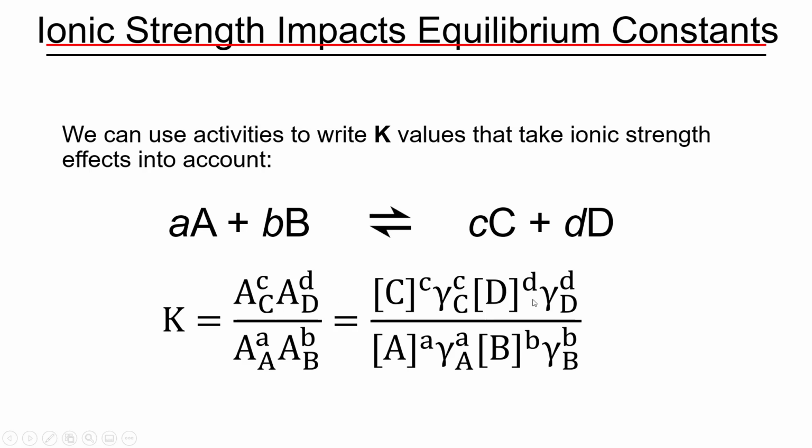The activity of D is the concentration of D to the d power times the activity coefficient of D to the d power, and so on. So now the way we'll write equilibrium constants when we have non-zero ionic strengths in solution is to insert next to the concentration terms an activity coefficient term that gets raised to the same power.